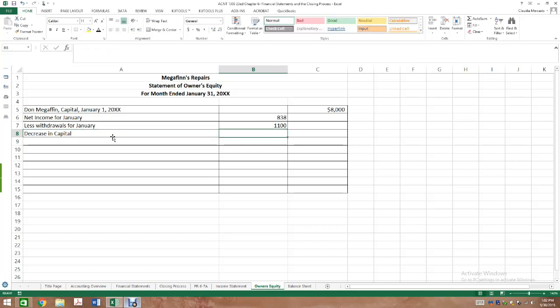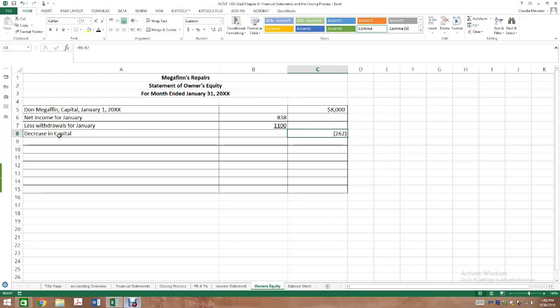So I'm going to calculate my decrease in capital, and that's going to be your 838 minus your 1,100. That means your capital decreased by $262. You made $838 in income, and you took $1,100 out of the business, causing your capital to go down by $262.